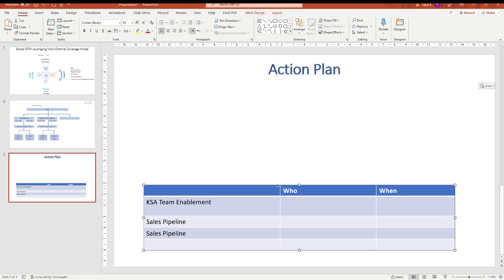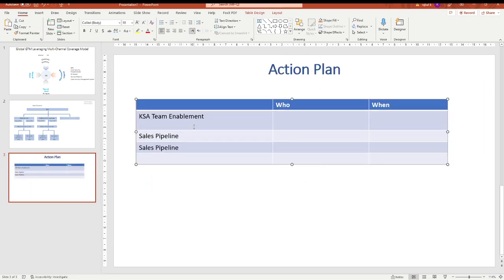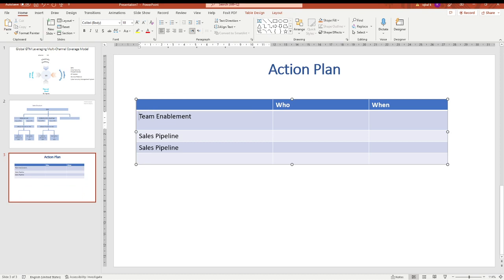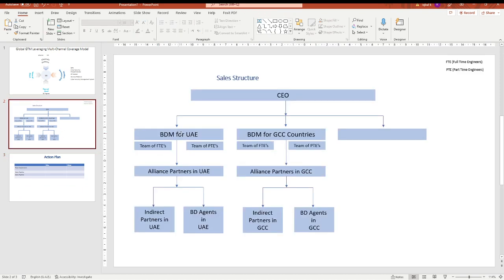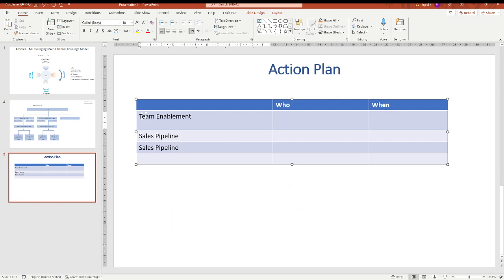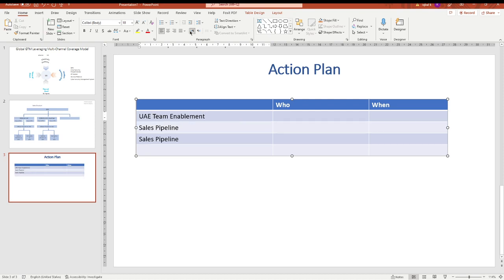For the action plan, you need to list down the jobs which you want to perform. For example, if we take the example of the UAE, the first thing is, I really need to enable the team. And once the team is enabled, I need to set goals and expectations. Once you set those goals and expectations, then within the UAE region, you could define territories.